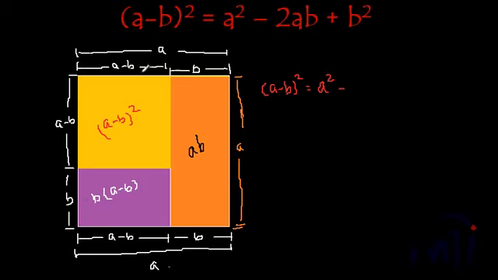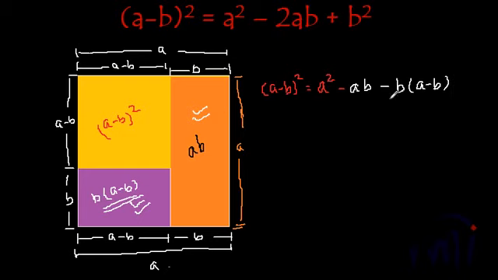So if from the bigger square I remove this area and this area, we will get the area of the square whose one side is equal to a minus b, right? As you can see, I have written a square and then we have to subtract this area, that is minus ab, right? And then we have to subtract this area also, that is minus b multiplied by (a minus b), right?